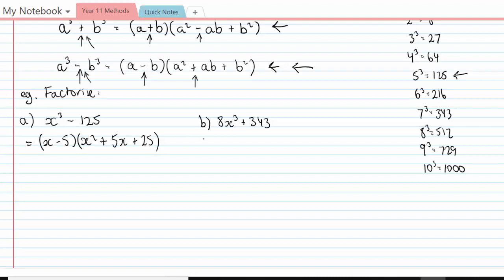So I'm going to write this as 2x plus 7, and then I need to have the a squared, so it's 2x all squared, which gives us 4x squared. The sign here is different. Then it's going to be 2x times 7, and then plus 7 squared, which is 49.